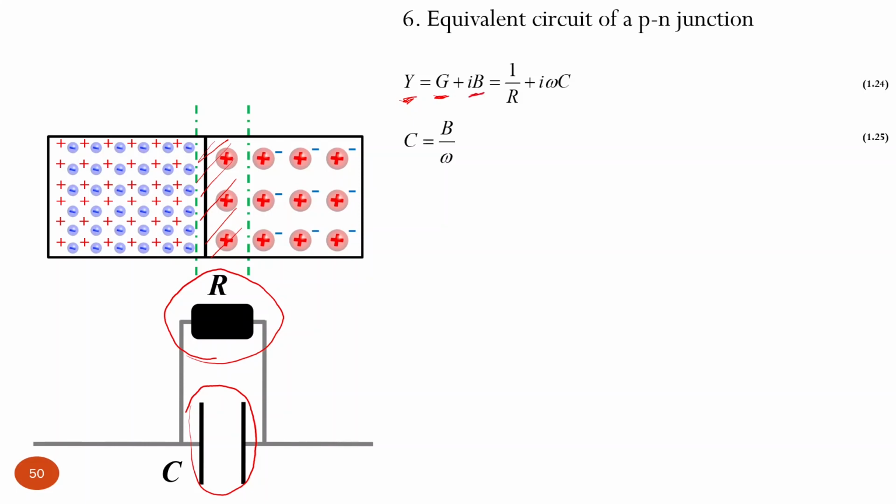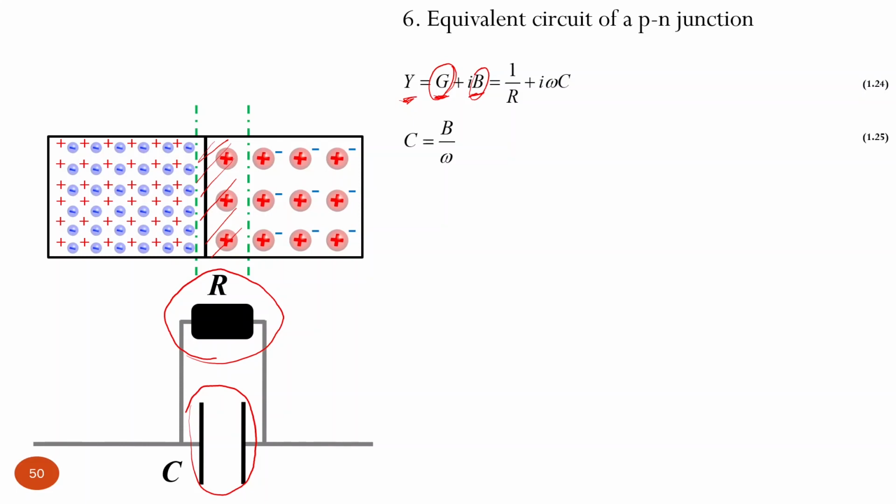So that is the real part, conductance, and the imaginary part, susceptance. Conductance is just 1 over R, so reciprocal to resistance. And susceptance is determined by reactive resistance, which is the reactive component of impedance, its imaginary part.